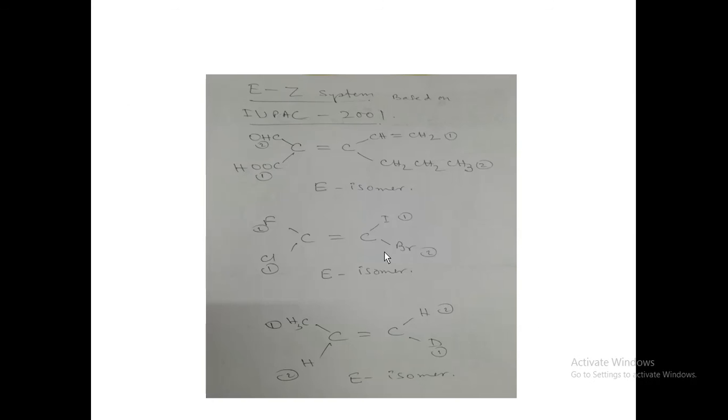Now you see the structures. The first one, C double bond C. With this first C, there is one aldehyde CHO, and here C double bond O, OH. So the atomic number of this COOH is obviously more than this CHO, because here is one double bond, then H, here is one double bond, then OH.